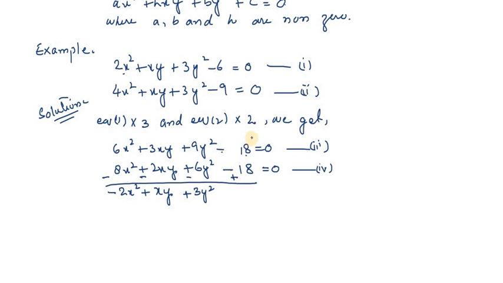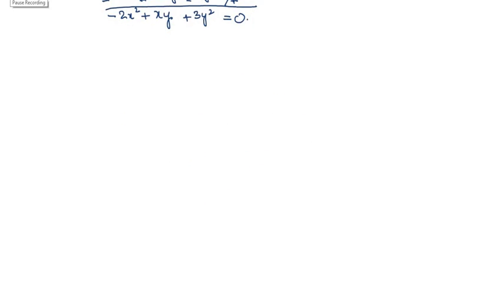Minus 18 and plus 18 will be cancelled. So the expression after subtraction is minus 2x square plus xy plus 3y square is equals to 0.